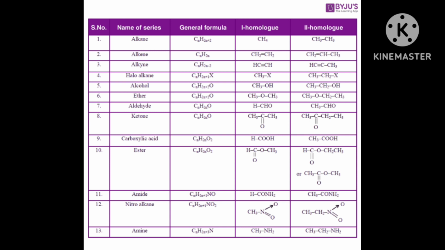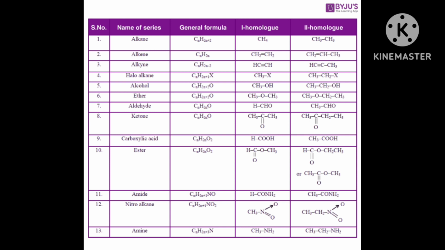Actually, in flowers, good smell is due to different types of esters. The COOR group will be there. R may be the same, R may be different, means RCOOR dash. Suppose R is ethyl, then R dash may be methyl. Then it is called ethyl methyl ester.